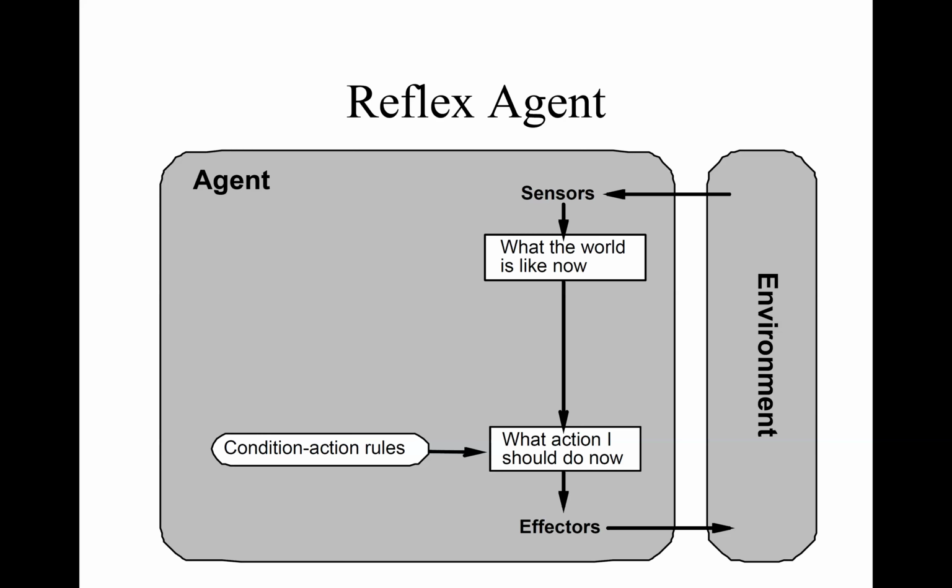If you bump, turn right, keeps you from hitting the wall forever if you're a VacBot, that kind of thing. And these rules for every percept tell you what you need to do next. You send that action out the effectors, and the world changes. You get a new percept, and around you go. Okay? Good? That's the simplest possible one.